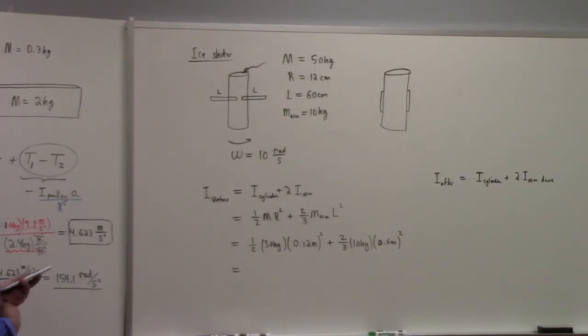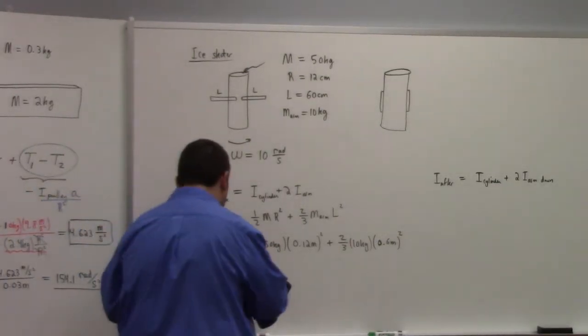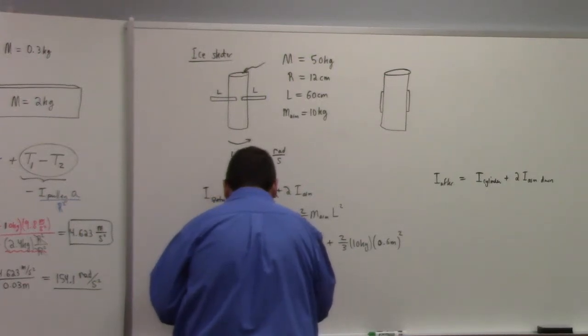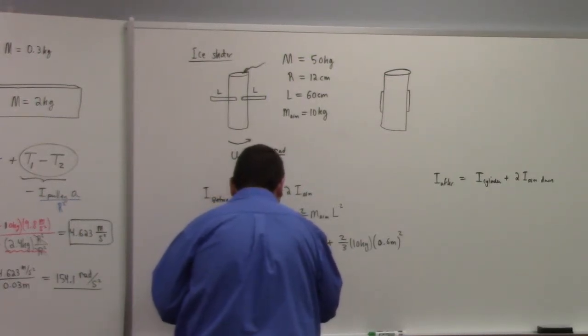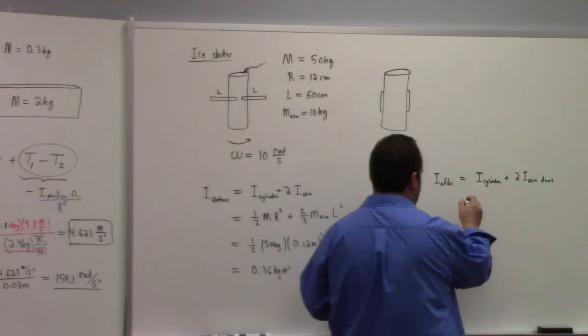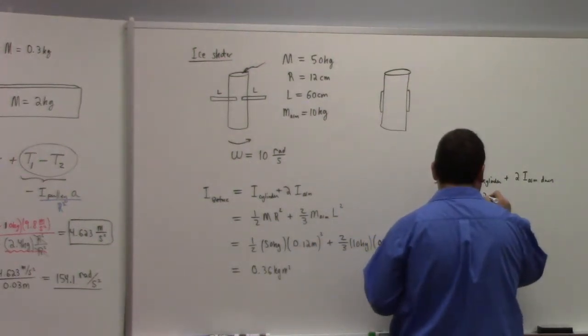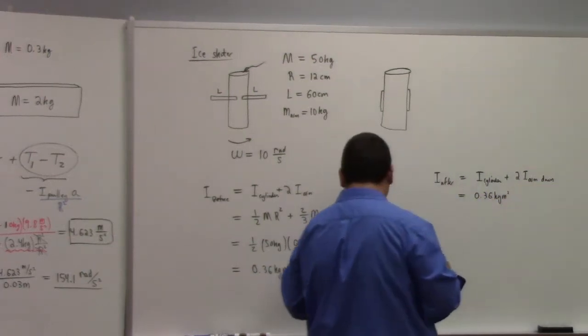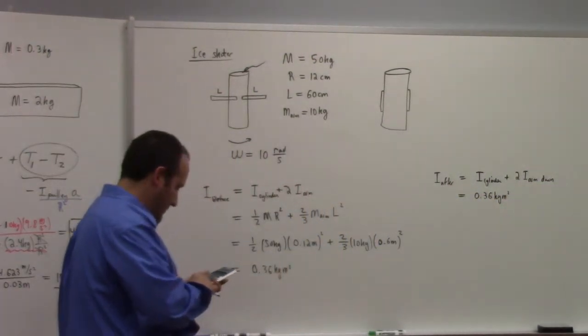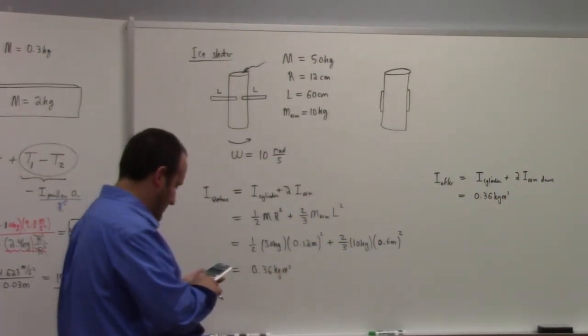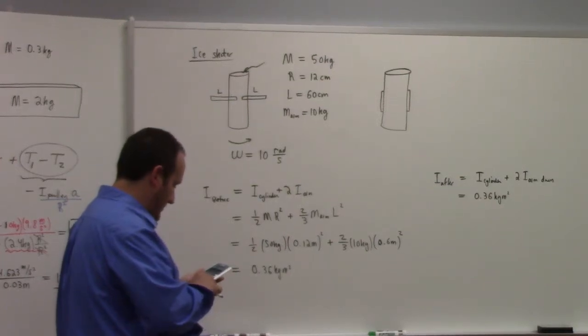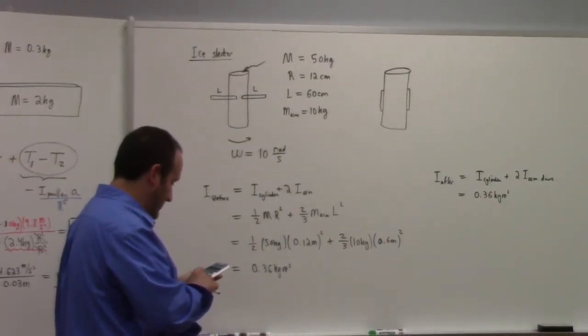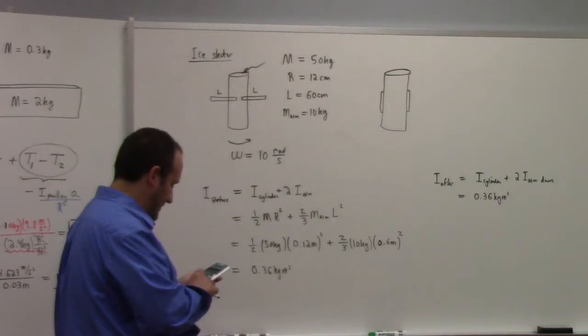So I get 0.36 kilogram meters squared for the first thing, which is good because I can use that for the other calculation just the same. And then 2 times 10 divided by 3, 6.666666 times 0.6 times 0.6, of course.